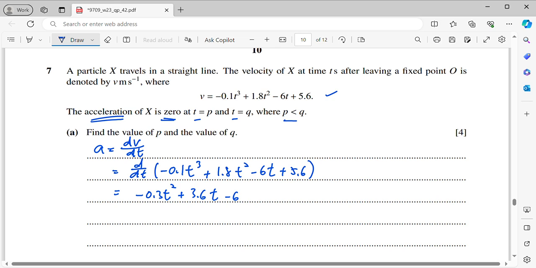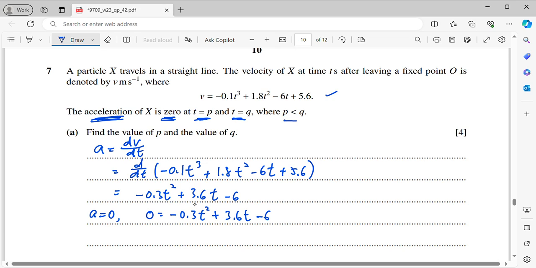Alright, so then it's mentioned that the acceleration is 0 at t equals to p and q. Okay, therefore, from here, I will let a be 0. So 0 is negative 0.3 t squared plus 3.6 t minus 6.